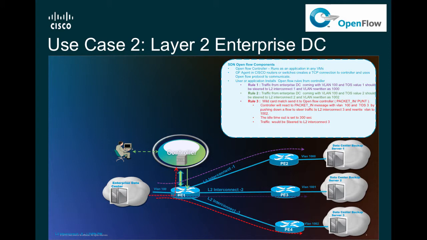You could have another rule where you steer the traffic coming in from the enterprise data center on VLAN 100 with a ToS value of 2 to layer 2 interconnect 2 going towards PE3, and the VLAN to be rewritten as 1002. Similarly, there are a lot of rules that you can apply, and you can match the traffic on the layer 2 header fields and appropriately steer the traffic to the different layer 2 interconnects that you want.